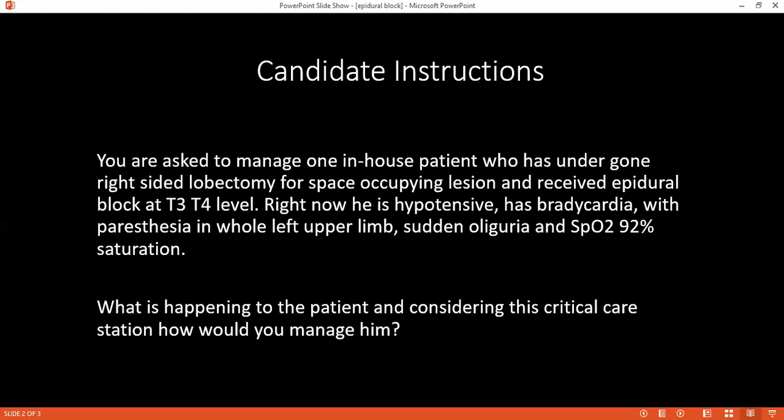Okay. Since this block was given at T3 and T4 level, how do you determine the right level? I will determine according to the type of surgery.